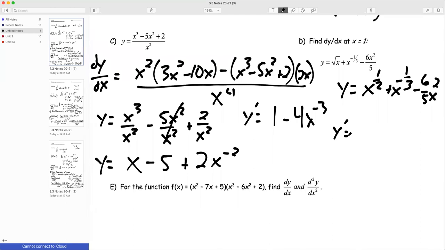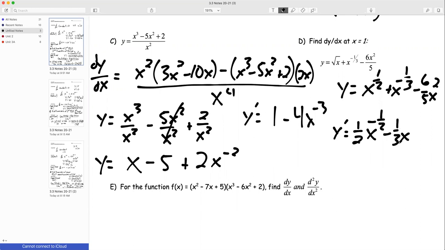Exponent times coefficient. 1/2 times 1 is 1/2. And then I need to subtract 1. 1/2 minus 1 is negative 1/2. Then I've got negative 1/3 times 1, which is negative 1/3.